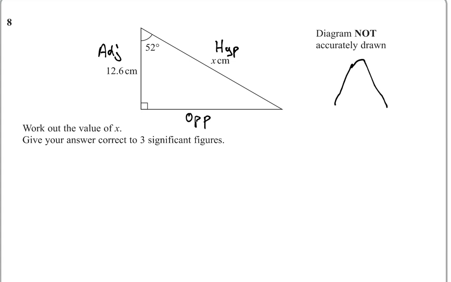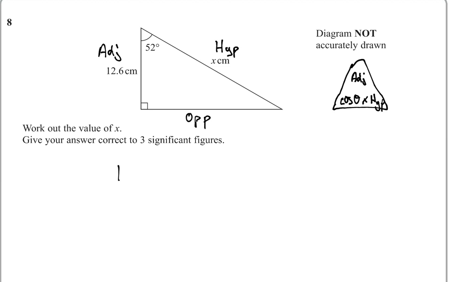So the cos of the angle is the adjacent over the hypotenuse. So we want the hypotenuse.